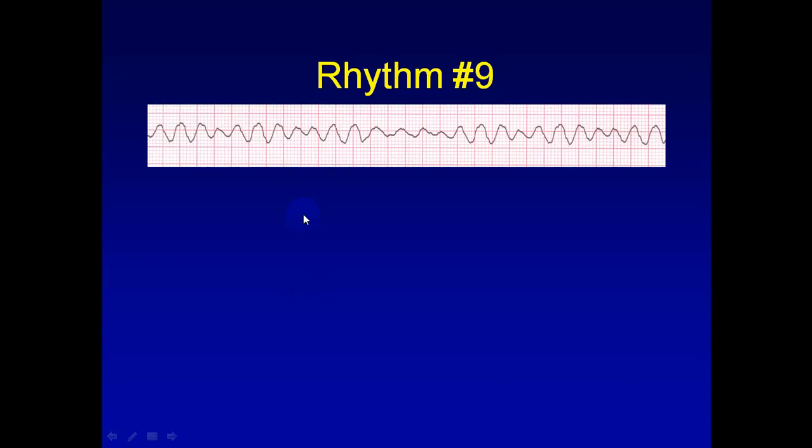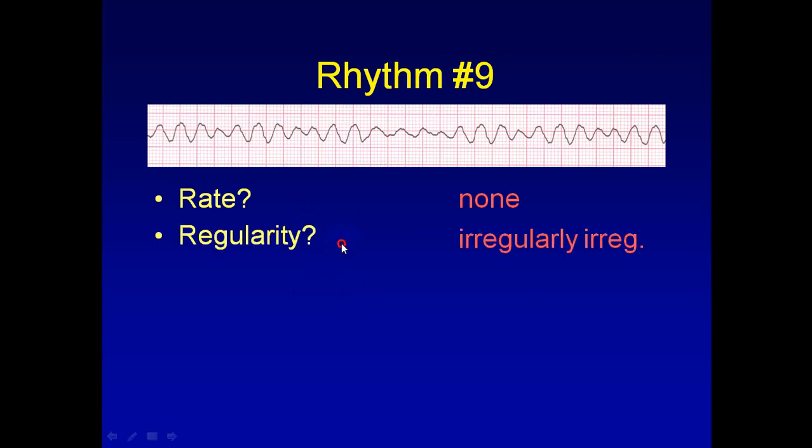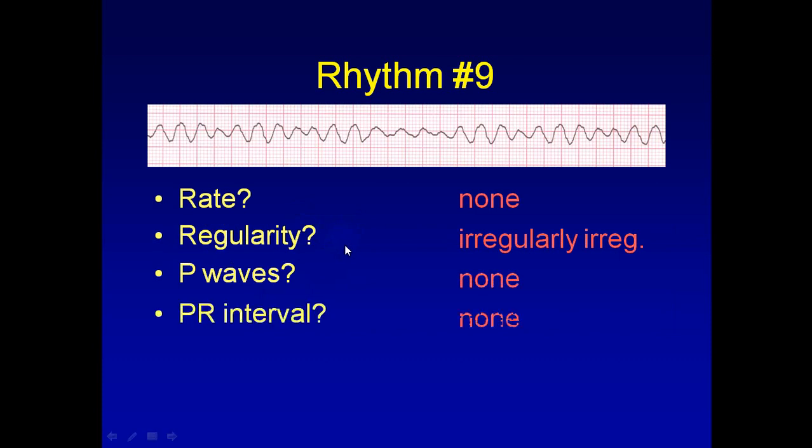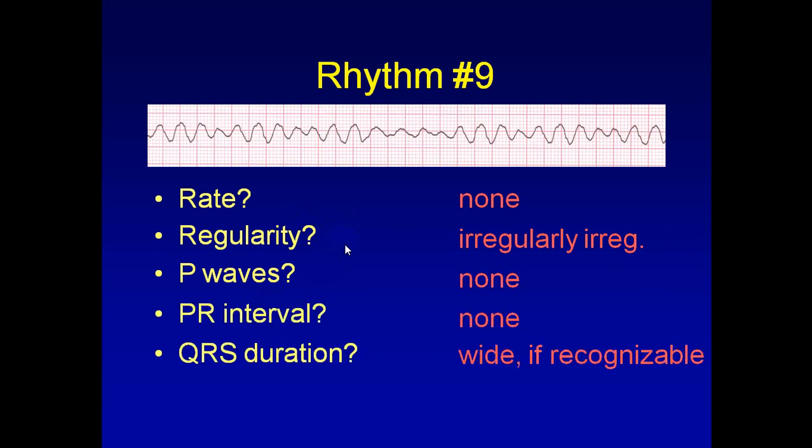Look at this ECG. We can't measure the rate. There is no rate. Regularity is completely irregular. There is no P wave, no PR interval, even no QRS complex. This looks like QRS, but usually there is no QRS complex. The patient is usually unconscious, cyanosed, there is no pulse and blood pressure is 0.